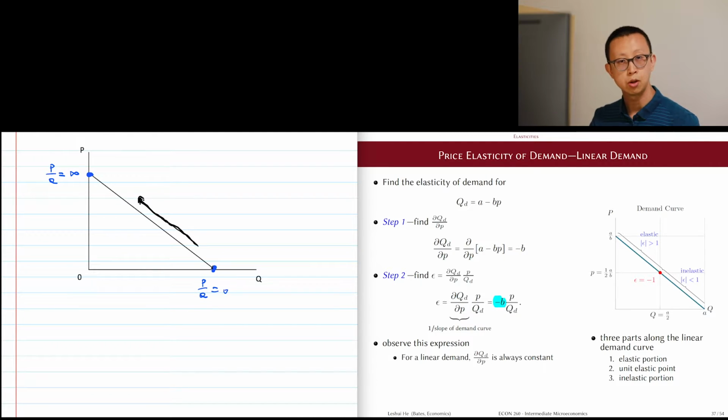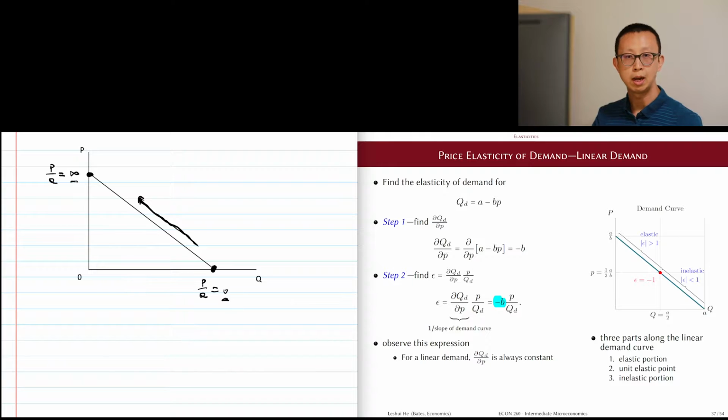So, as a result, the ratio of P over Q started off with a value of 0, gradually increases, and moves towards infinity. And because this value changes continuously, it also covers all the possible positive numbers you can think of. So what's the implication of this?